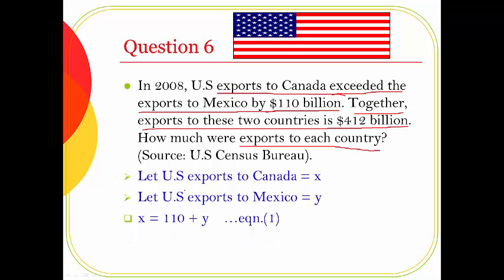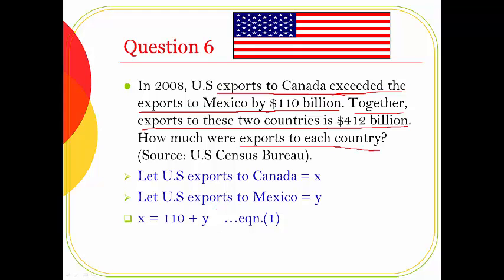So the first keyword, exceeded: X is 110 plus Y. Whatever they exported to Mexico, if you add 110, that is what they exported to Canada. If they made only 5 exports to Mexico, then they made 115 exports to Canada.